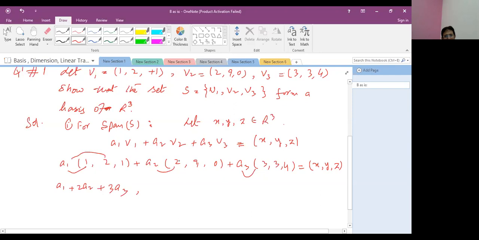The next one, 2A1 plus 9A2 plus 3 times A3. The last expression is A1 plus 4 times A3.